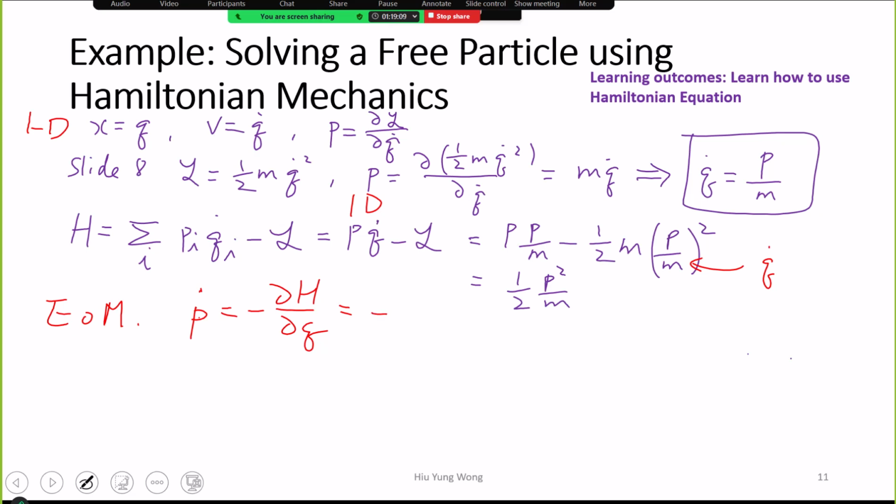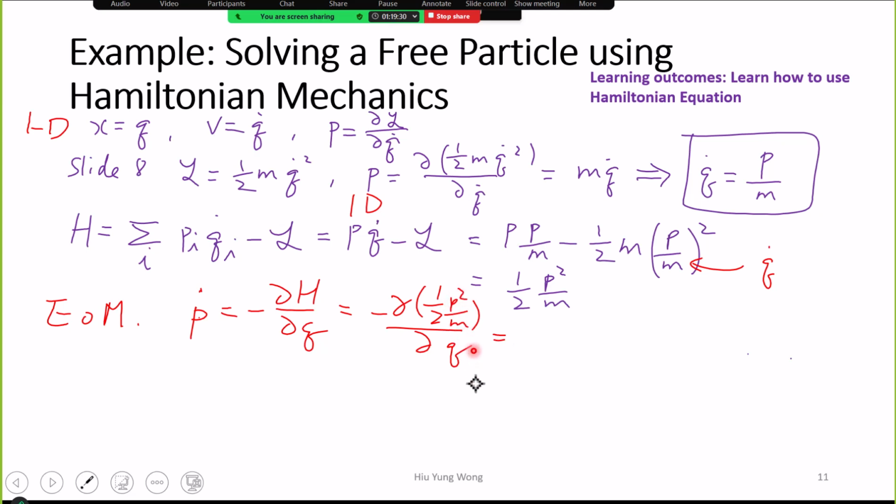Again, what are the independent variables for the Hamiltonian? Momentum p and coordinate q. So I already expressed them in independent variables. What is this value? 0, because it doesn't depend on q. So this is 0.